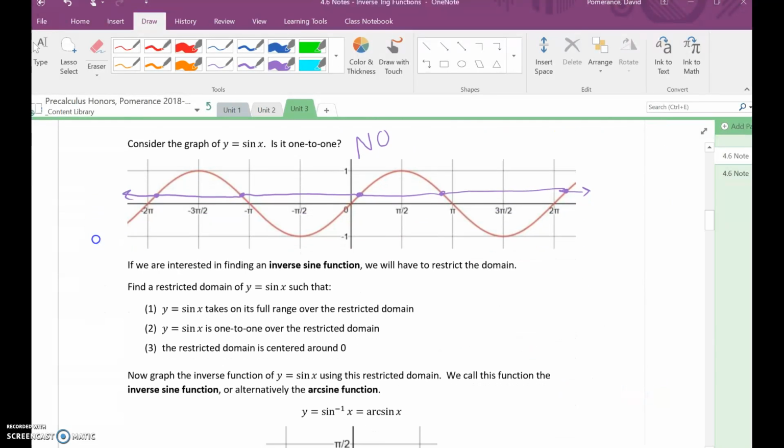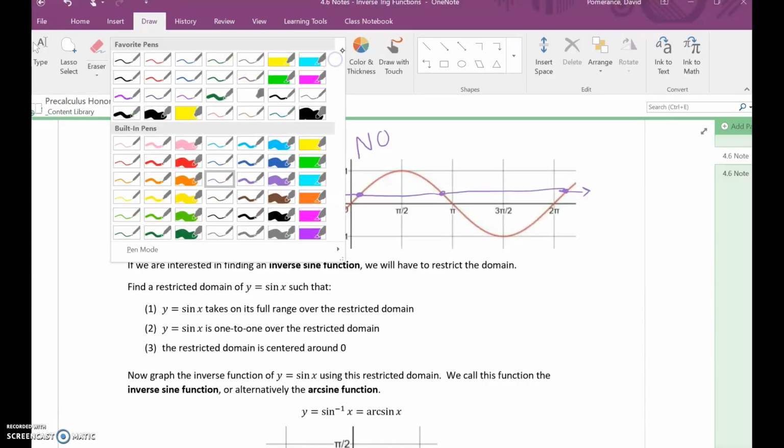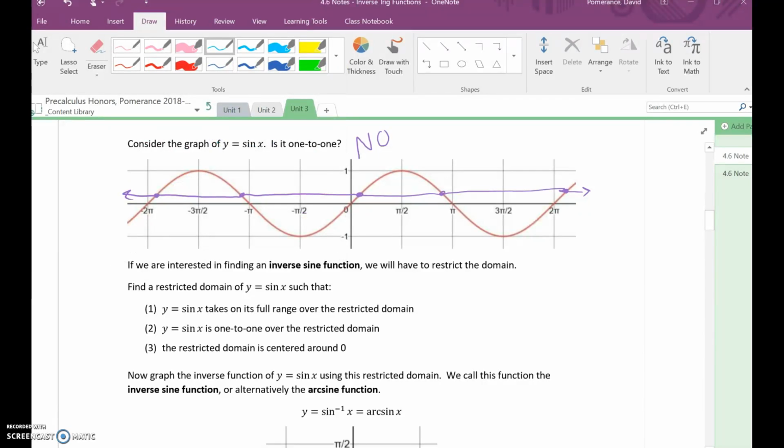Well, we need to make sure that it takes on the full values of the range, from -1 to +1, but it still has to be one-to-one. So basically number 1 says big enough and number 2 says small enough, and then number 3 is kind of an arbitrary decision, but we decide it would be nice if the domain was centered around 0.